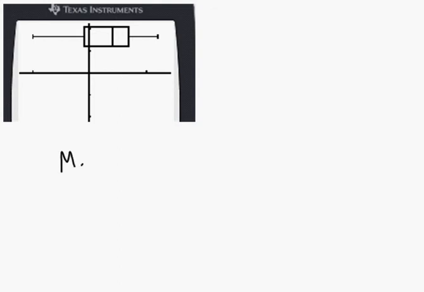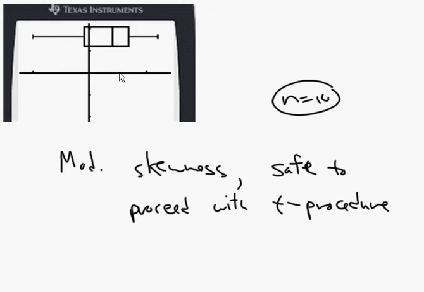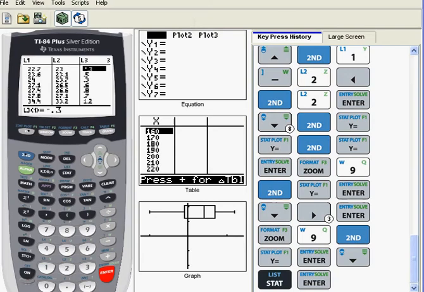Okay. So I'll just say moderate skewness. Okay. And so we might say safe to proceed with T procedures. Honestly, with an n of only 10, I would have preferred if this thing were a little bit more symmetric, but it's not terrible. Okay?